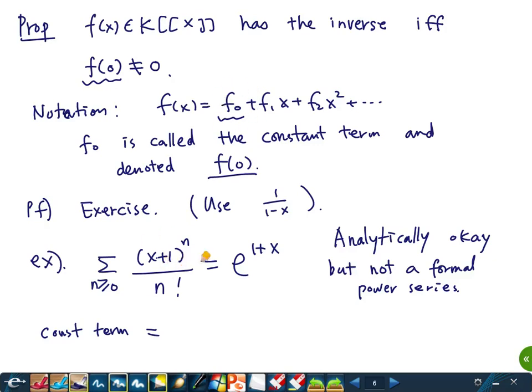So in order to get the constant term, or you can plug in x equals 0, that gives you the same thing. The constant term is this, okay? We know for sure that this is e. But this step is not formal. It's not a formal power series. We don't add non-zero things infinitely many times. This is not what we do. So when we have something like this, an infinite sum involving non-zero terms, that's not going to be formal.